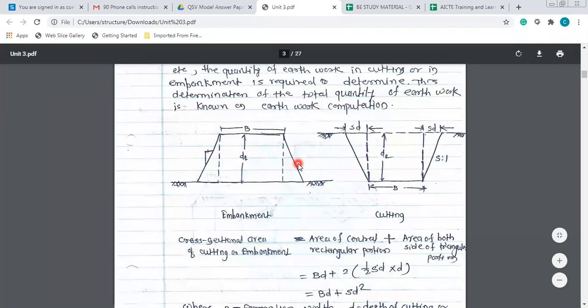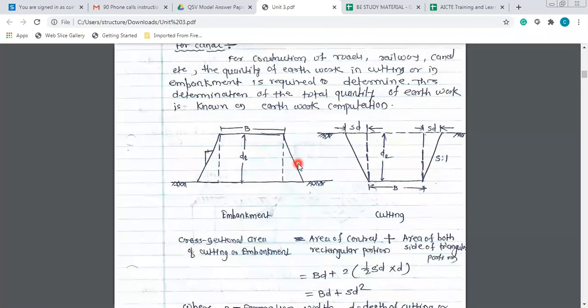We call it a trapezoidal shape. Have you seen any road structure, any cutting part or any road which is in embankment? At the beginning also, you are going to see such a nature of this road, that is nothing but the trapezoidal section.